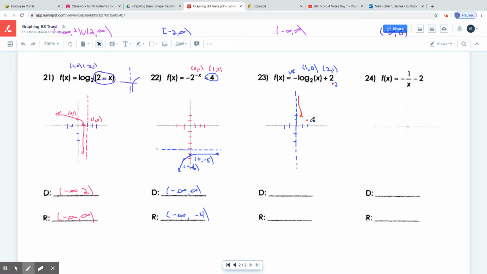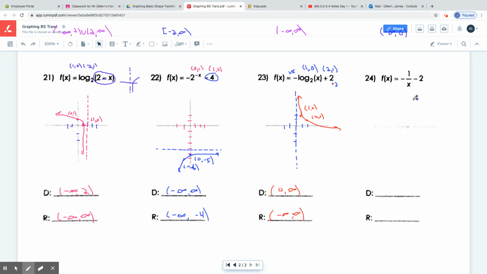Sorry, that graph's awful looking. All right, and I have 1, 2, and 2, 1. And then the domain is from the vertical asymptote, which is 0, to infinity. And the range is everything, -infinity to infinity.